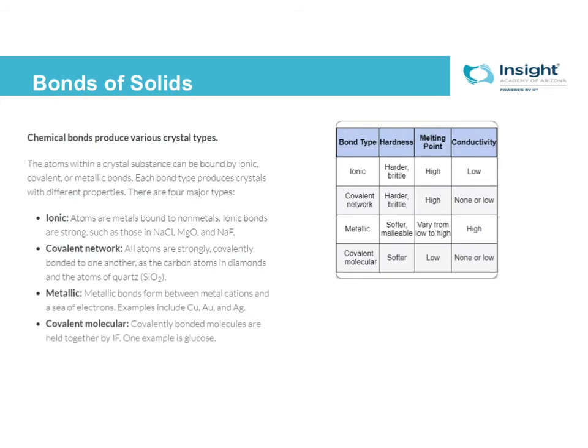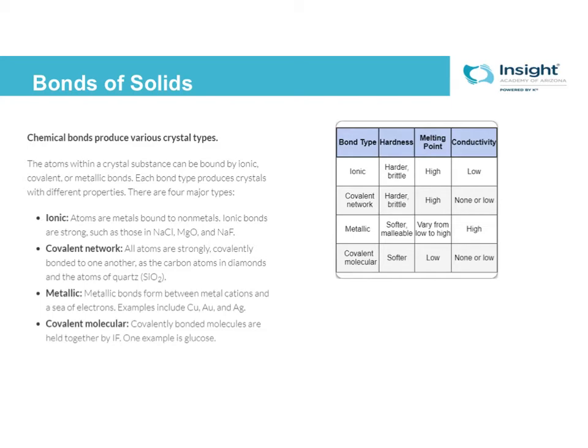Another thing you want to be familiar with, and make sure you're familiar with some of these examples, is the different types of bonds and the characteristics of these bonds when it comes to crystals. Your crystalline solids can be ionic.